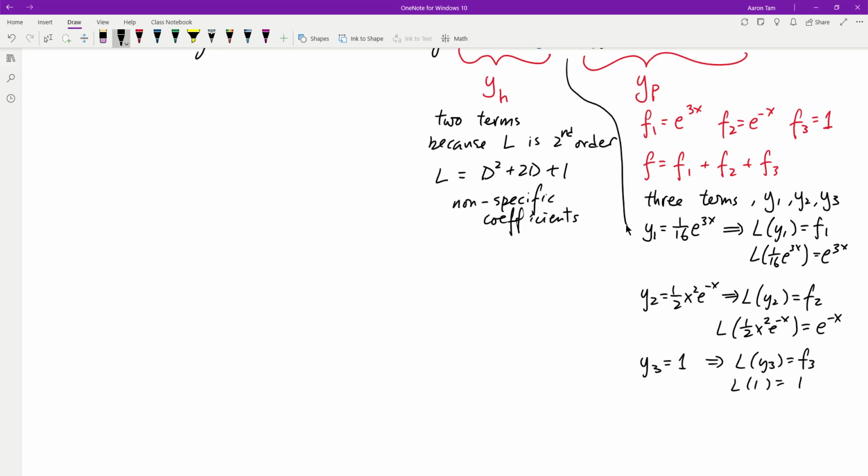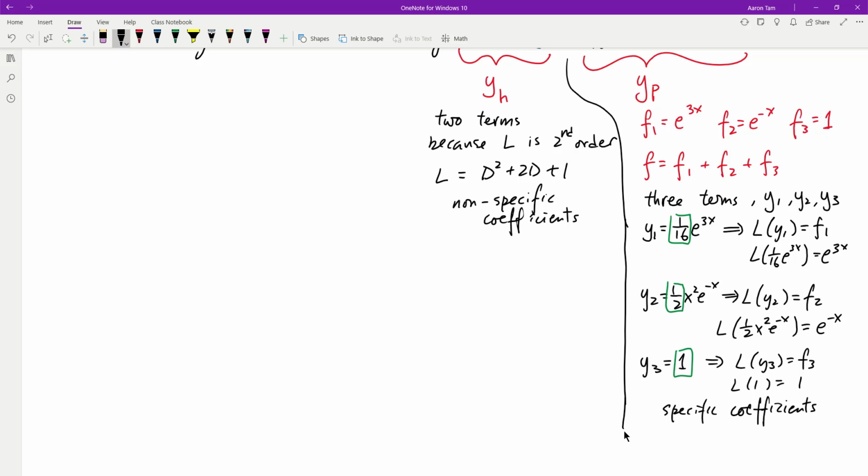Now, the interesting thing about the particular solution is the following. Each term of the particular solution also has a coefficient in front. The only difference is the coefficients in front are specific, unlike in the homogeneous solution, where what you have are simply arbitrary constants c1, c2, c3, and so on.